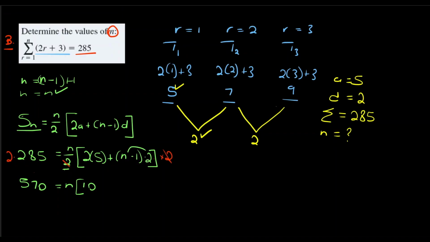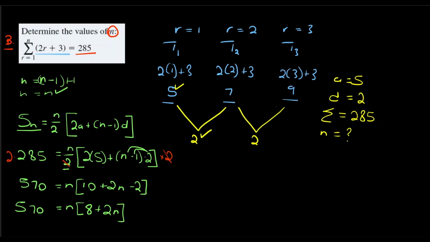Then we multiply n minus 1 by the 2 to give us plus 2n minus 2. 10 minus 2 will give us 8 plus 2n.